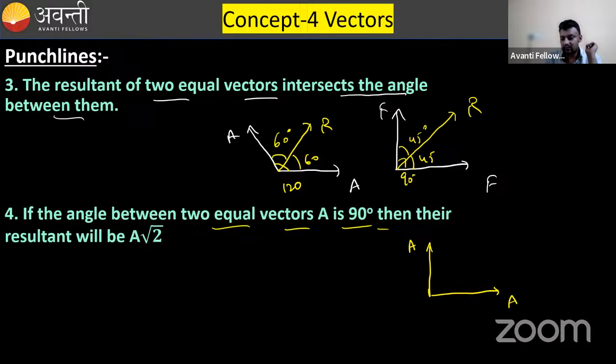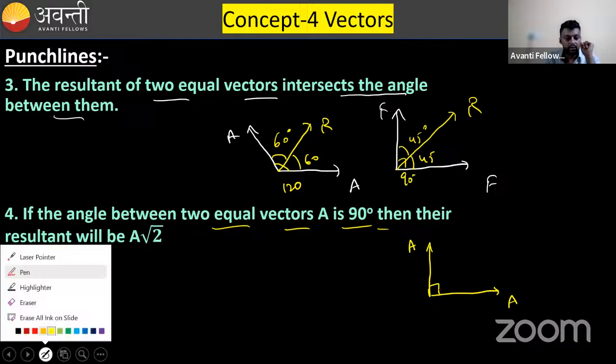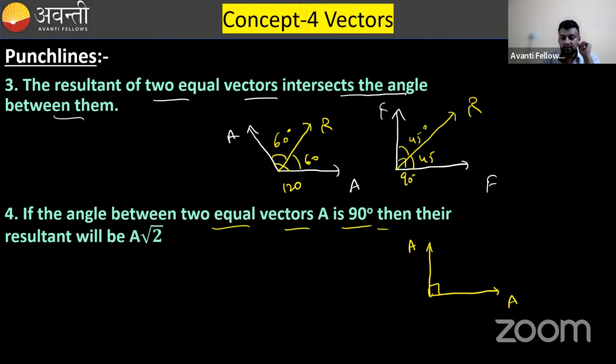If two equal vectors are perpendicular to each other, making an angle of 90 degrees with each other, then the resultant will be, I will frequently use these terms in class 12th as well, A root 2. The original vector multiplied by root 2. You can remember this relation, very frequently used.